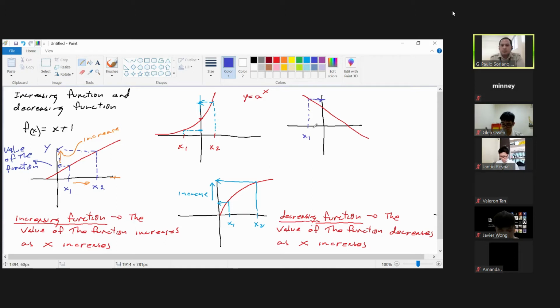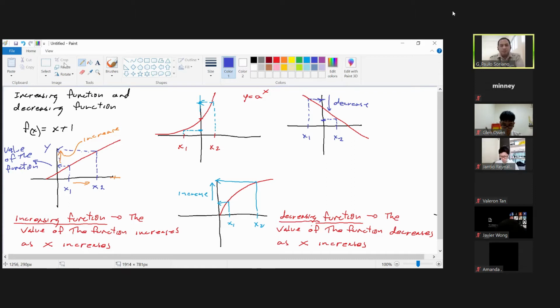But if I increase the x value, put x2, that's higher than x1, what will happen? The value of y decreases. It goes down. So we have a decrease. Clear? So something like this is a decreasing function. Okay? Clear?